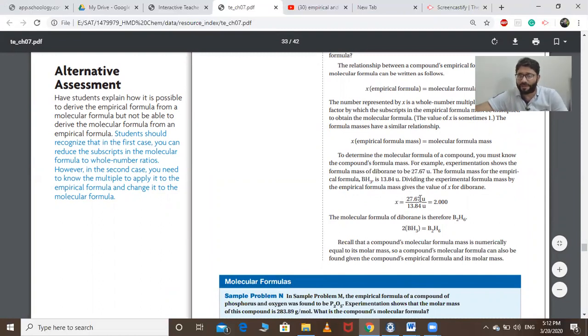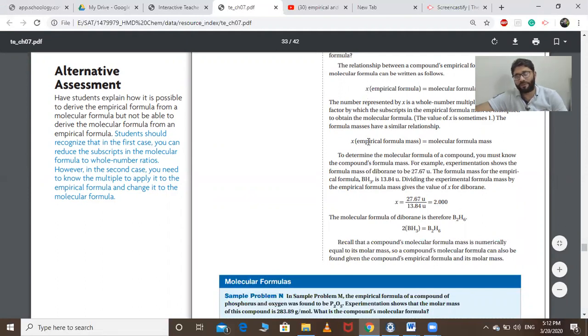So X will be the molecular formula mass divided by the empirical formula mass. It is almost equal to 2. When you get the value 2, put the 2 here.